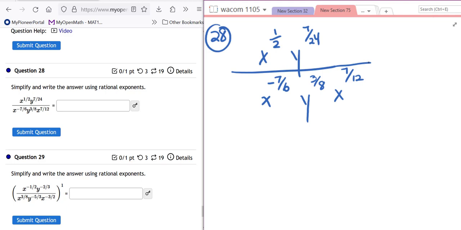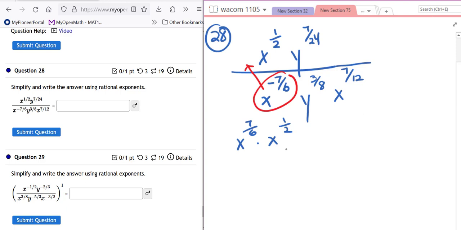All right, and I am going to go ahead. I don't really like negative exponents, so I'm going to move that to the numerator. That will give me a positive exponent. I'm still going to have to deal with the x to the 12th, right? So I have x to the 7/6 times x to the 1/2, right?